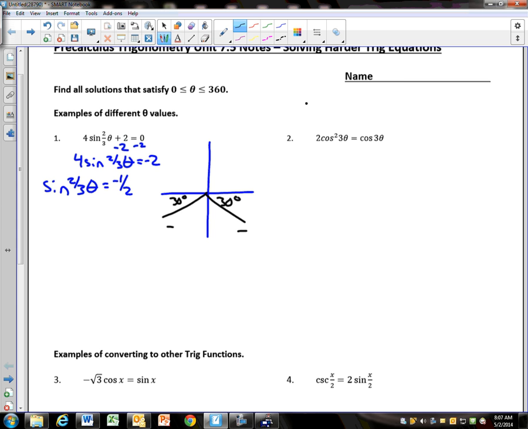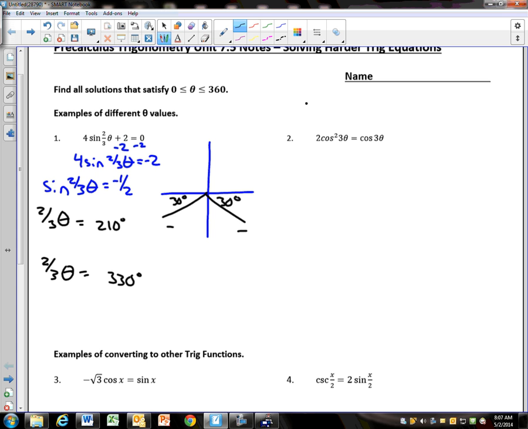And look at your result. You have 150, I'm sorry, 210. Or, what's the other one? 330. So you got 2/3 of theta is equal to 210, or 2/3 of theta is equal to 330.